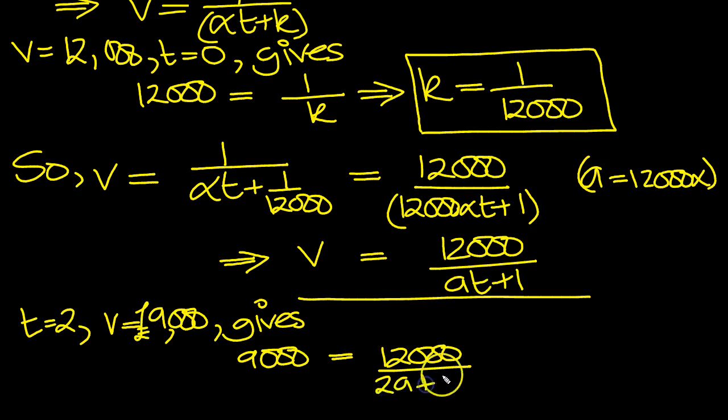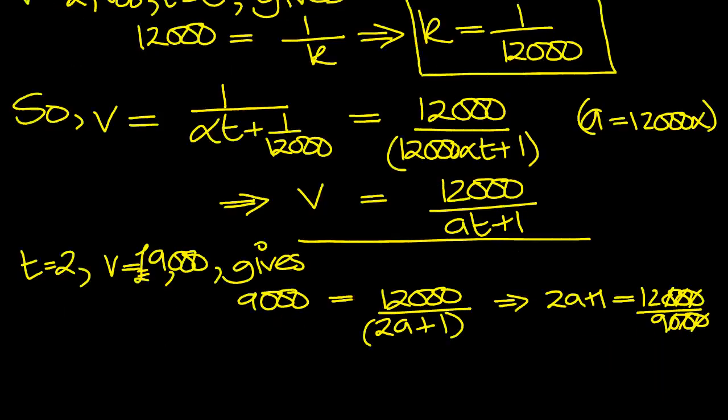Move this up to there. So 2a plus 1 will equal, the 12,000 can stay as is, and at the same time let's move the 9,000 from times on that side to divide on the other side. So cancel the 1,000, top and bottom. 12 over 9 is 4 over 3, isn't it?